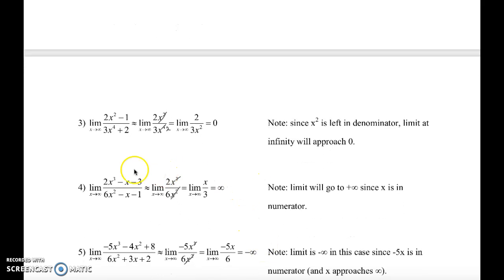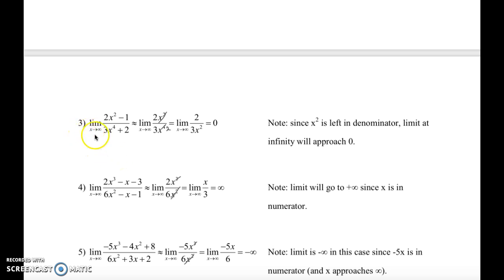Now let's look at another example. We have 2x squared minus 1 over 3x to the 4th plus 2. And this is as x is approaching positive infinity. So again, we're really only looking at the front terms. Those constants don't determine where this graph is going. What really determines where the graph is going is our x terms.